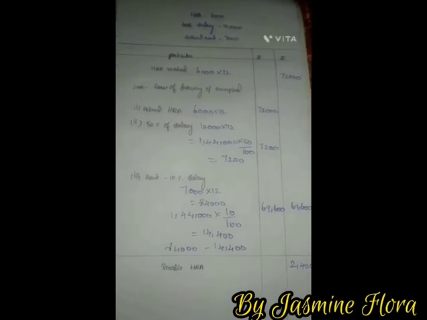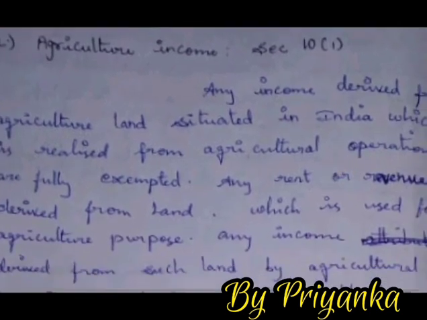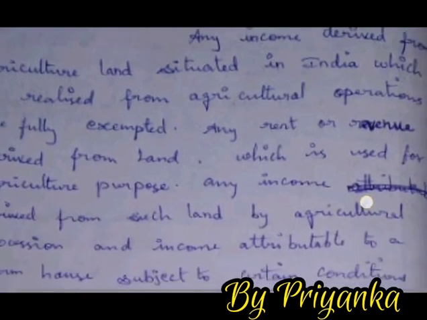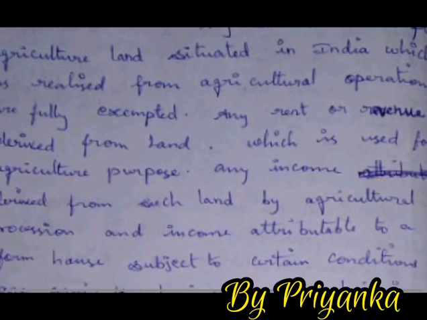Exempted income, agriculture income, Section 10(1). Any income derived from agricultural land situated in India which is realized from agriculture operation is fully exempted. Any rent or revenue derived from land which is used for agriculture purpose.